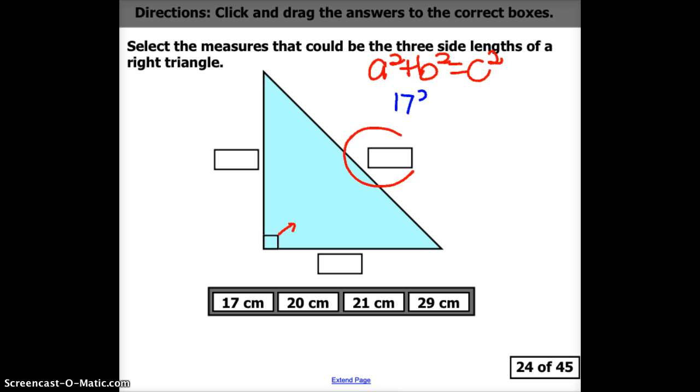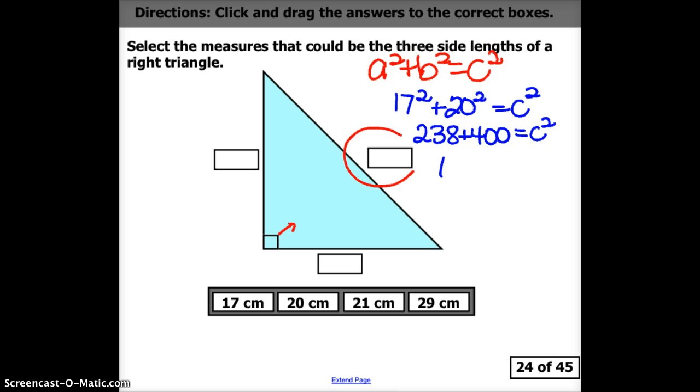So I'm going to look at 17 squared plus 20 squared equals c squared, and I'm going to see if I can find out what c would be. So I'm going to calculate each of those. And I'll find that 17 squared is 238 and 20 squared is 400.